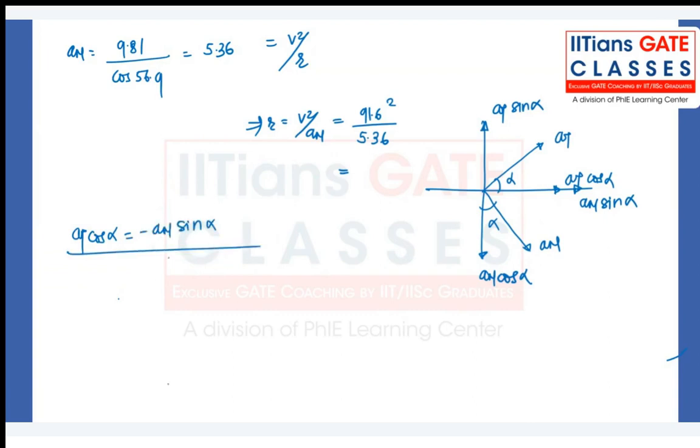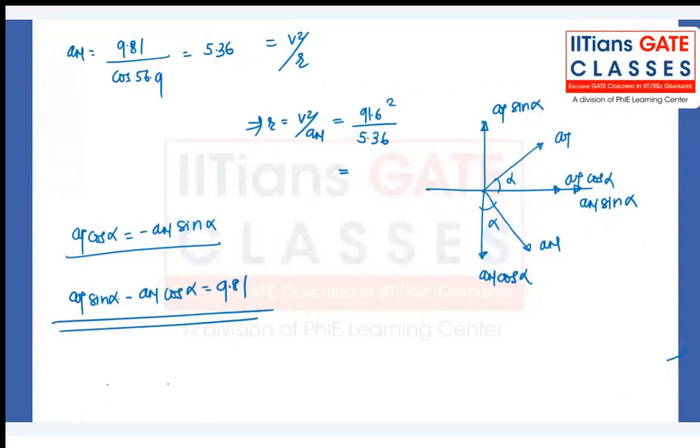And another equation is at sine of alpha minus an cos of alpha is equal to 9.81. From these two, calculate the value of at and an and put it here, not this one. Get the value of an here, and then equate it to v square by r.